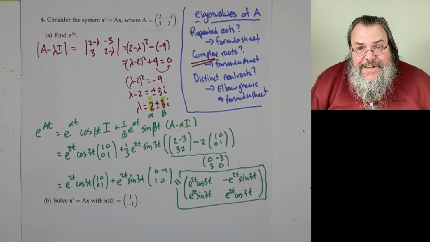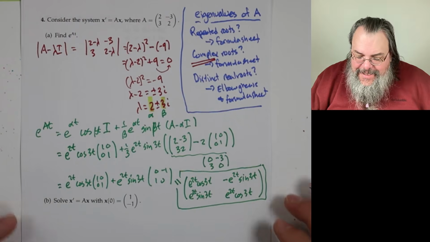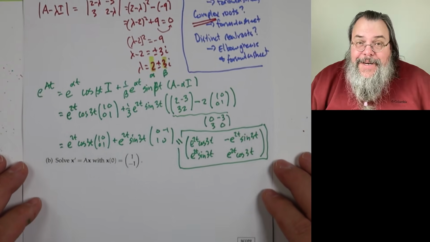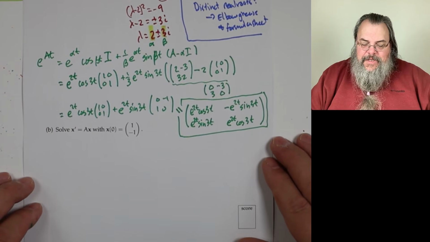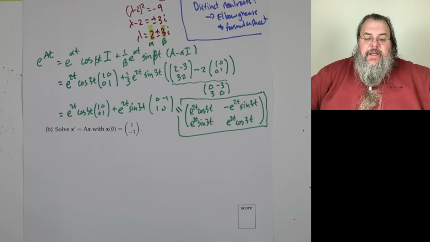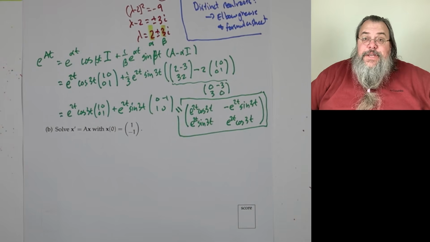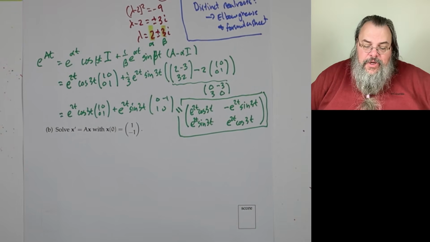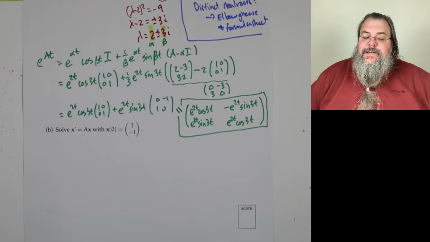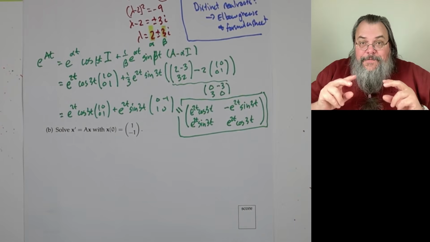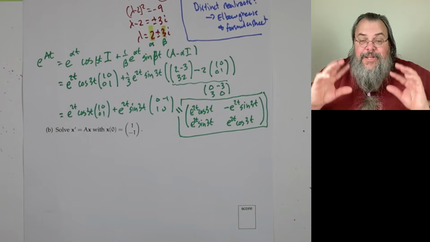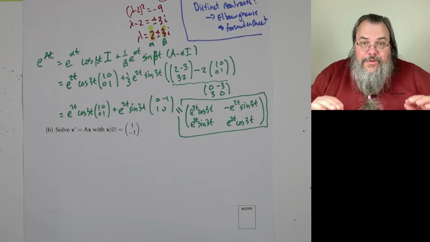Take advantage. All right, now we're not done because there's a part B. So let's finish part B. Solve x prime equals Ax with x of 0 equals (1, -1). Here's the thing: once you have the fundamental matrix, this is an easy solution.